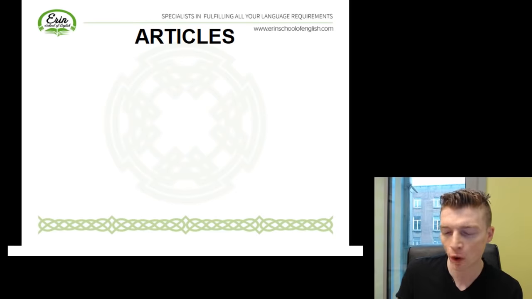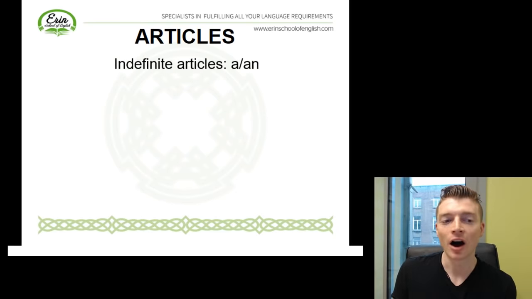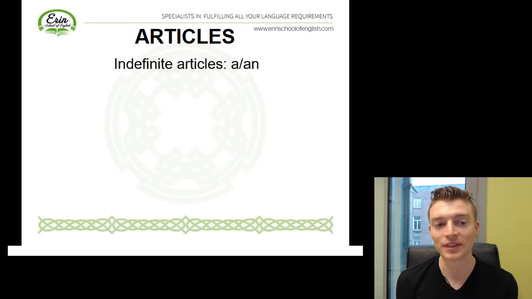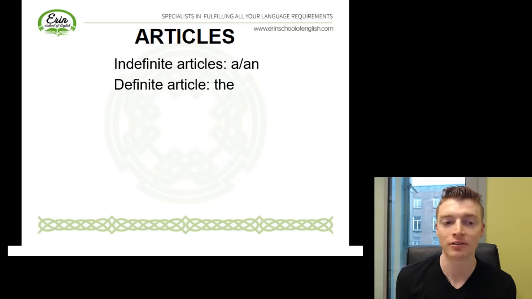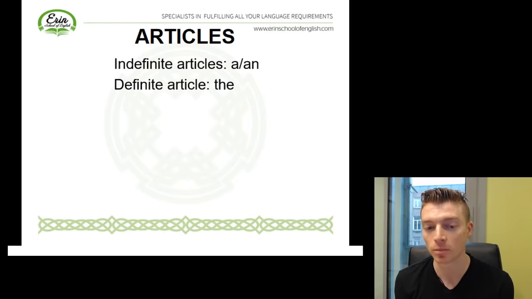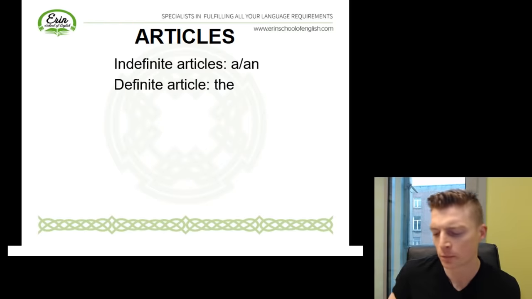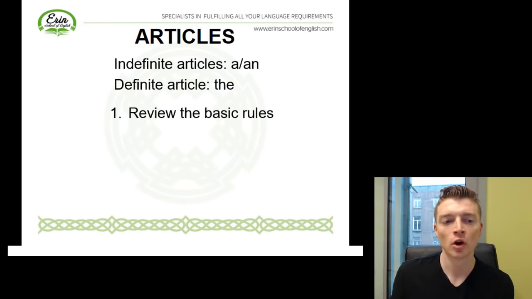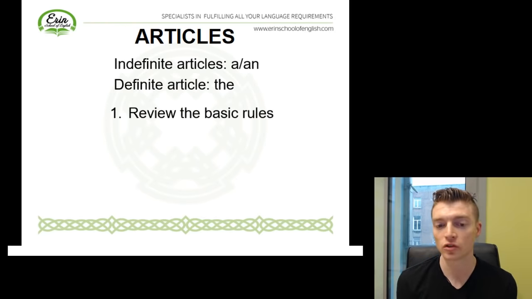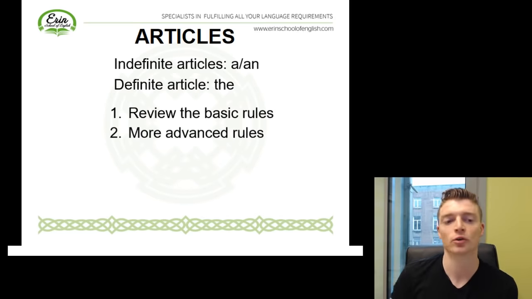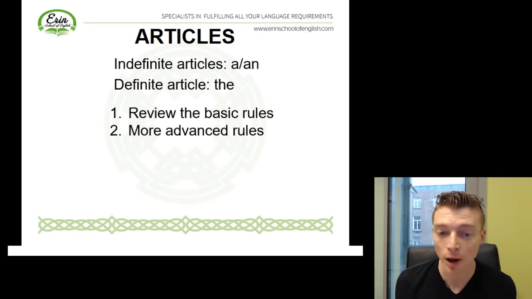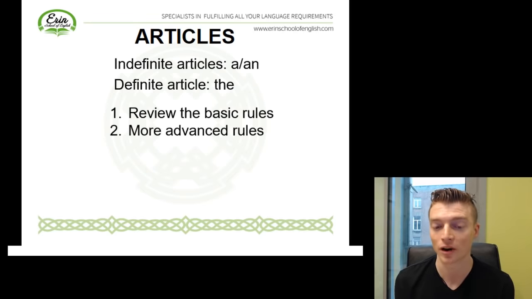So, what are articles? In English, we have the indefinite article, which is a or an, and we also have the definite article, the. In this lesson, we're going to review some of the basic rules using articles, and then we're going to look in a lot more detail at some of the more advanced rules involving articles.